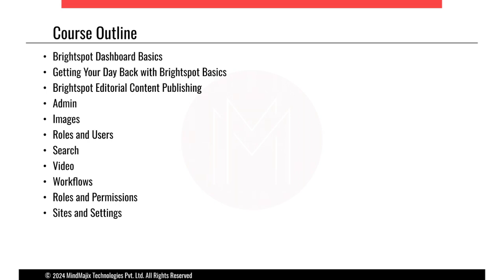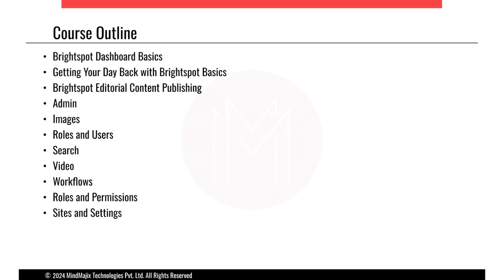We will see, when you go to the dashboard, there is a search box. We will see how to search different types of content here. We will also learn how to optimize your search, and we will see the admin page, like how we can see roles and permissions, sites and settings.